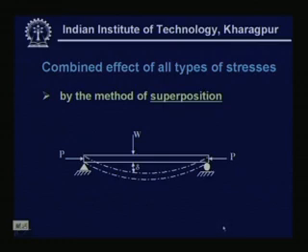Now, we would like to find out the combined effect of all types of stresses. The method we know is called the method of superposition, meaning you superpose one stress over another stress. In superposition, you can combine like types of stresses: all the normal stresses can be combined together, and in a similar manner all the shear stresses can be combined together.